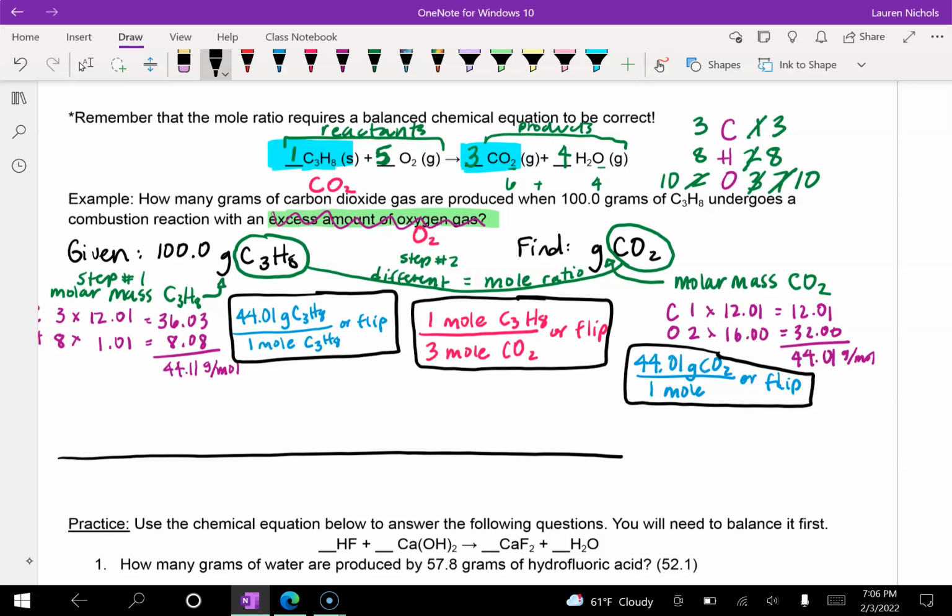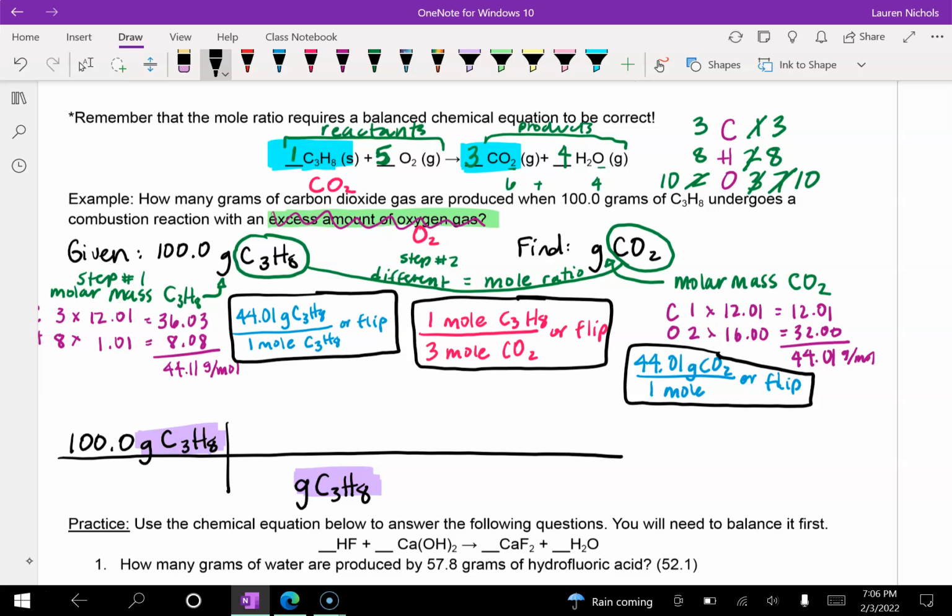So the very first thing we do is put our given, so 100 grams of C3H8. Now, because I have grams of C3H8 here, our goal is to get it to cancel out. So that means grams of C3H8 has to appear at the bottom. Now here's the thing. If you look at the molar mass of carbon dioxide, it has grams, but not grams of C3H8. Our mole ratio doesn't have grams at all.